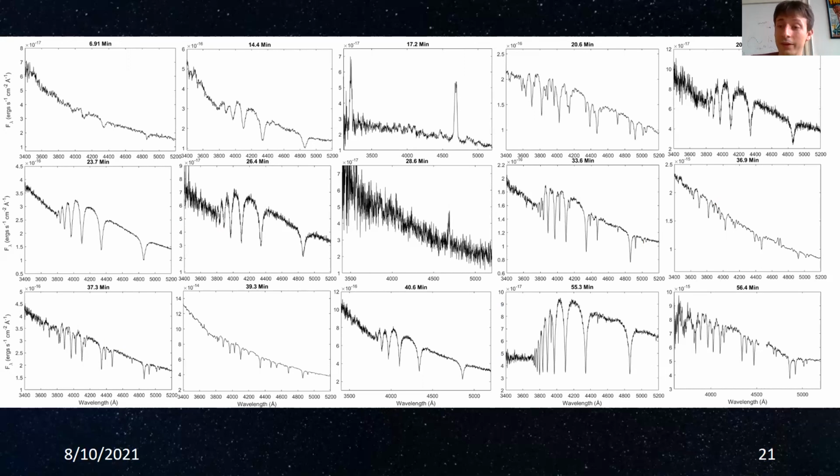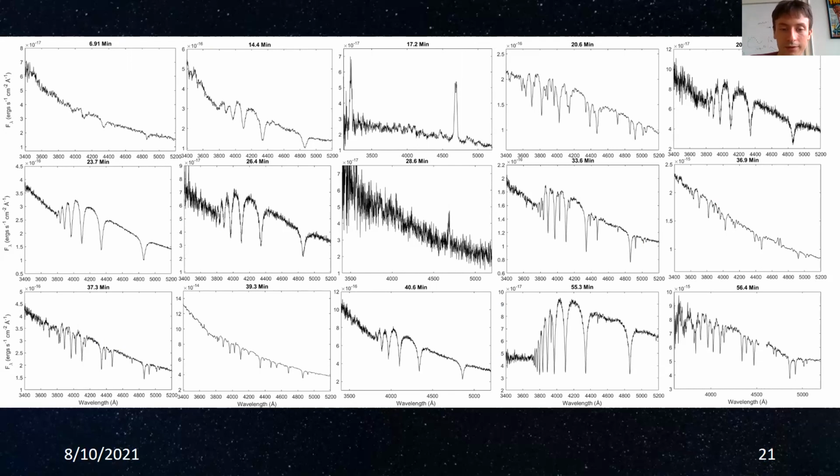You can infer things like the surface gravity of the object by looking at how much the lines are pressure broadened by the gravitational exertion. And you can, of course, infer the temperature also from the lines, not just through line ratios, but through the width and profiles of the lines, and also the general shape of the continuum, which reflects some underlying black body approximately.